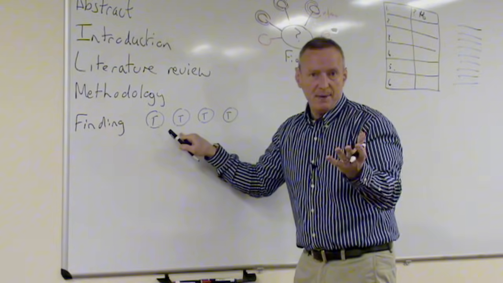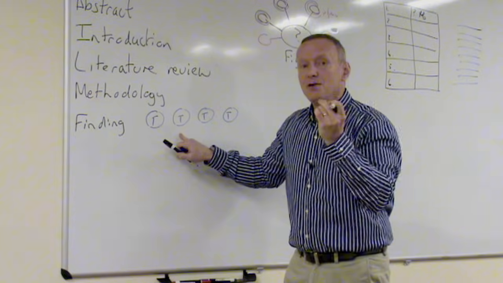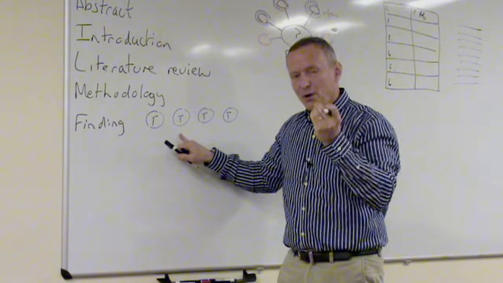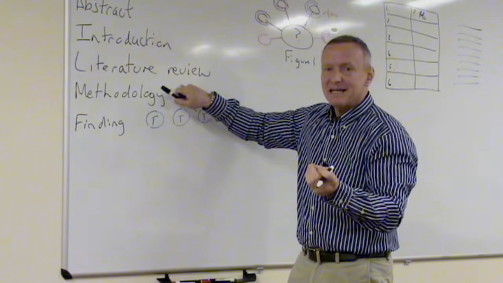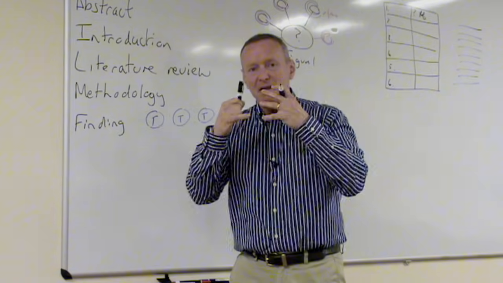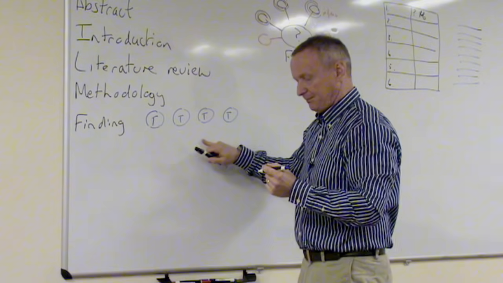Theme 2 may be, the data is very interesting. This further supports or casts doubt or raises a question mark about what's been said in the literature. You are demonstrating that you have the ability of analysis and application within that.